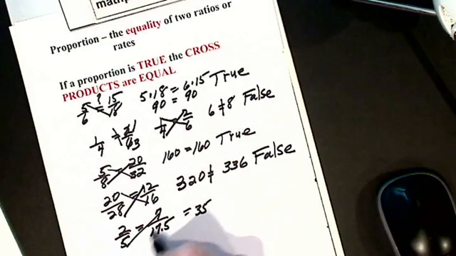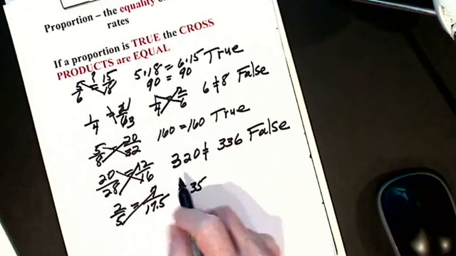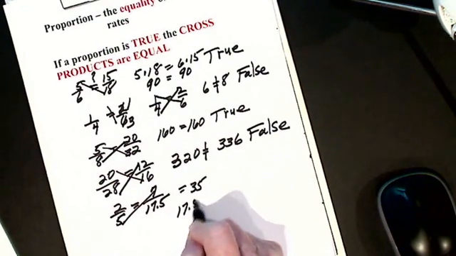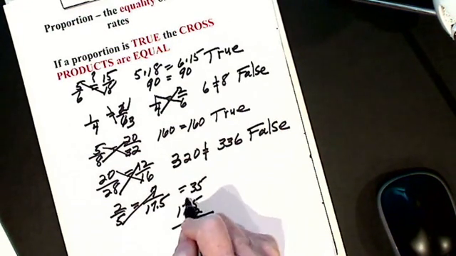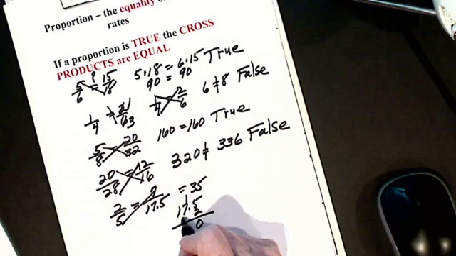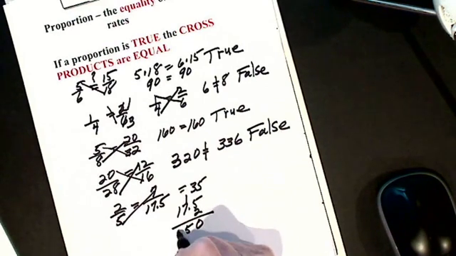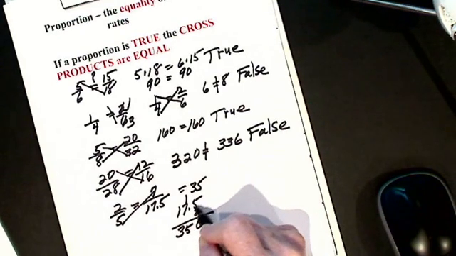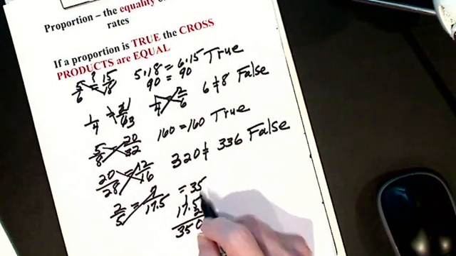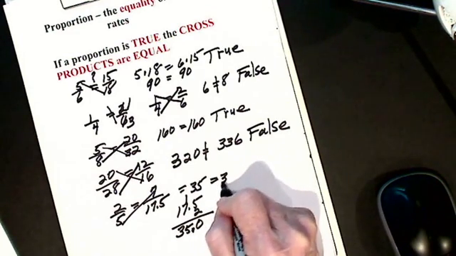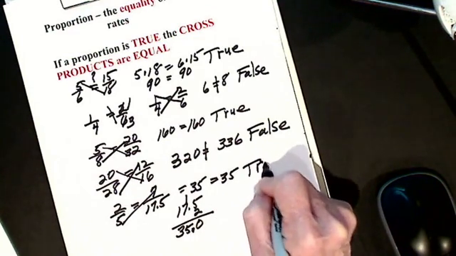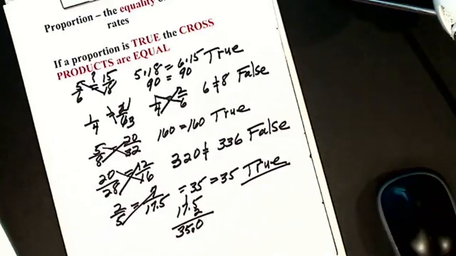So now I want to multiply 17.5 times 2. 2 5s are 10, 0 carry 1. 2 7s are 14, and 1 is 15, carry 1. I get 35. I count my decimals to the right of the decimal point. I only have 1. I start at the right, and I move 1. So 35 equals 35. So this is a true proportion.